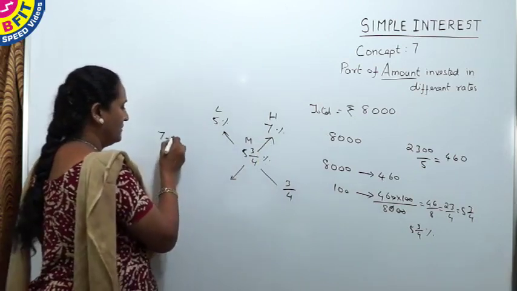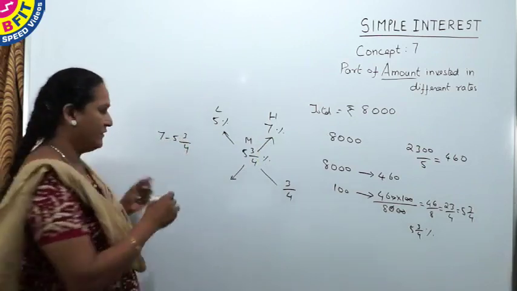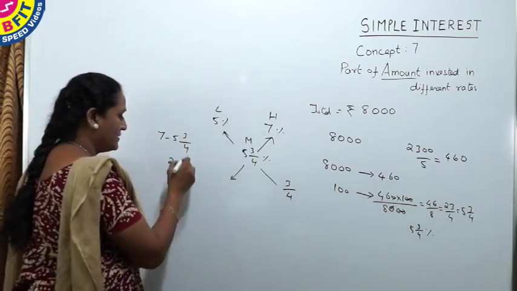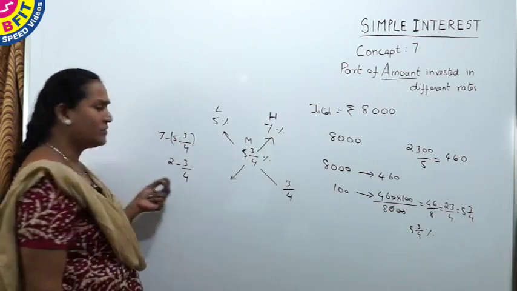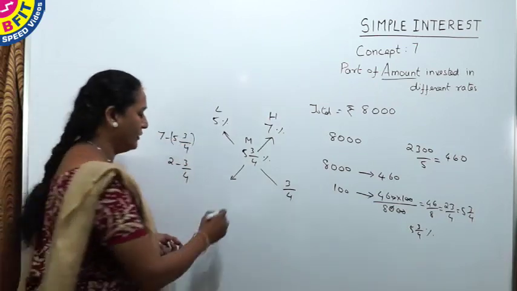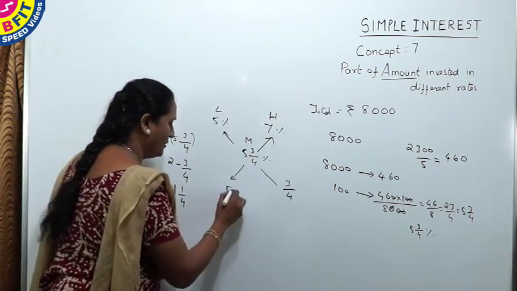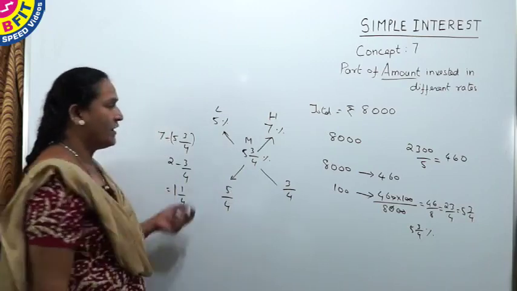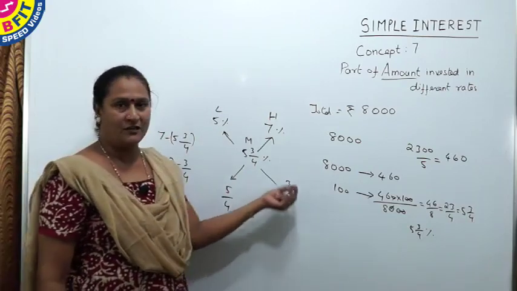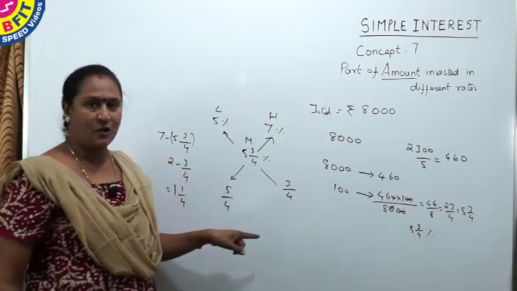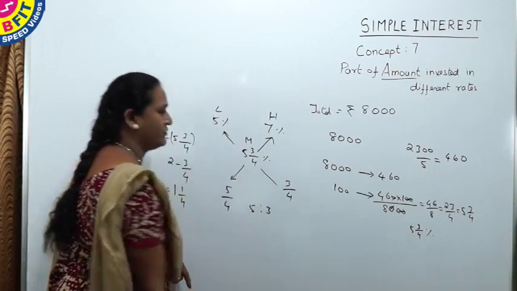So 7 minus 5 3 by 4. What is 7 minus 5? It is 2, and subtract 3 by 4 from 2, it is 1 by 4 or 5 by 4. So after subtracting using the alligation process, we get 5 by 4 and 3 by 4. Cancelling the common denominators, the ratio is 5:3.